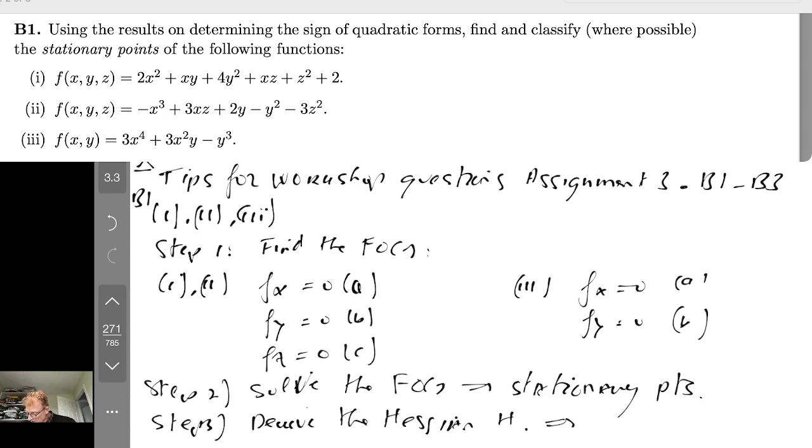Then you evaluate at each stationary point. Then the Hessian consists of components which are constants because you've evaluated at the stationary point, and then you use the PMT to classify.